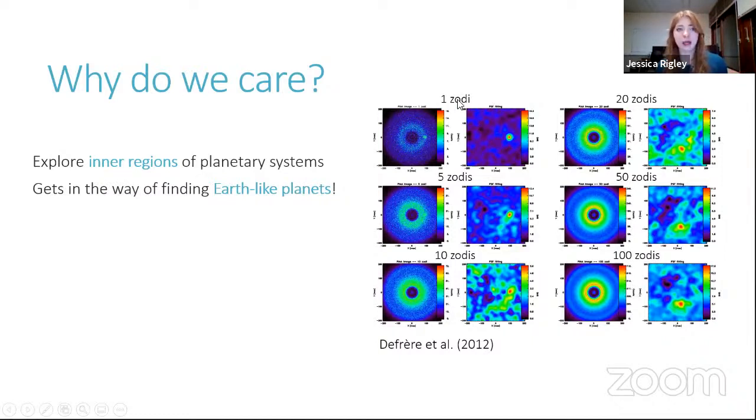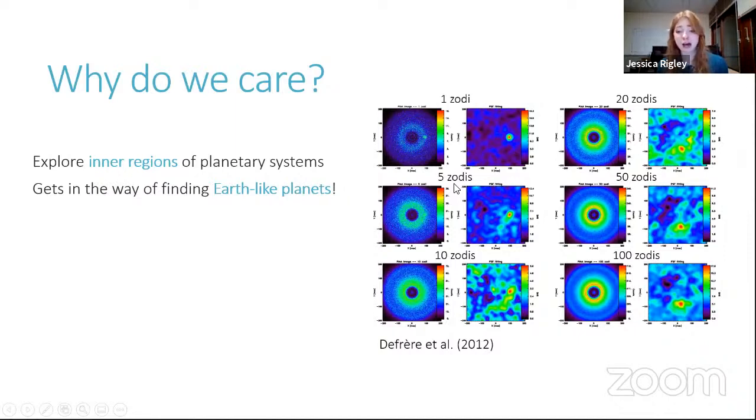So 1 zodi is the amount of dust we have in our zodiacal cloud. So if we start off with our zodiacal cloud and we try and look for an Earth-like planet, you can see we get this red dot, which is essentially a detection of the planet. So we can see the planet there really clearly. So our solar system isn't too dusty, so it would be quite easy to see the Earth-like planet.